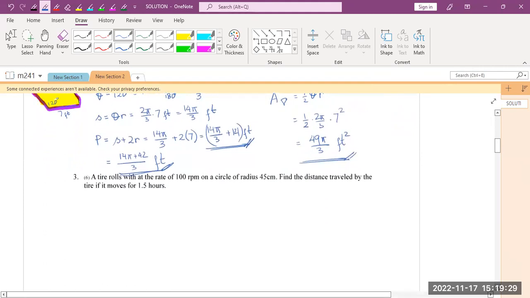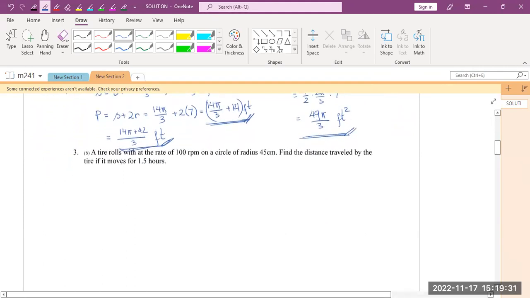Number 3, a tire rolls at the rate of 100 RPM. That's the angular velocity, 100 RPM. By the way, RPM stands for revolutions per minute, not radians per minute. So in radian, this will be 100 times 2 pi radians per minute, which is 200 pi radians per minute.